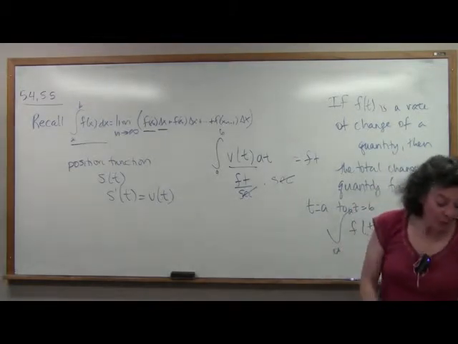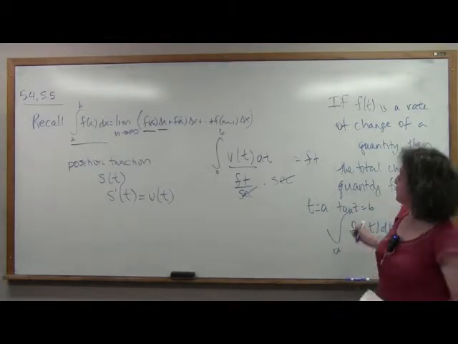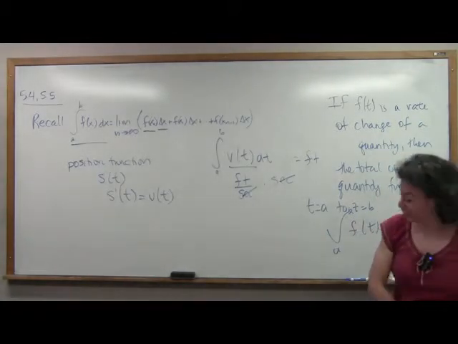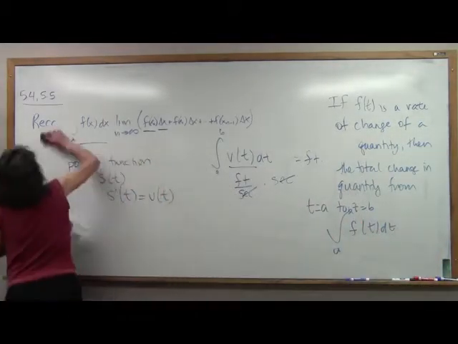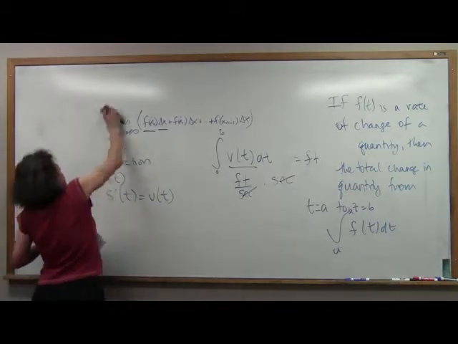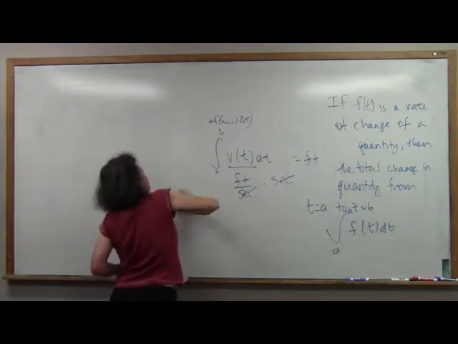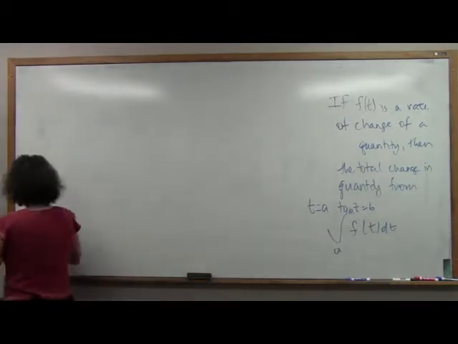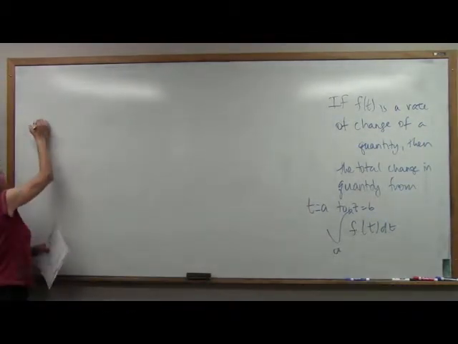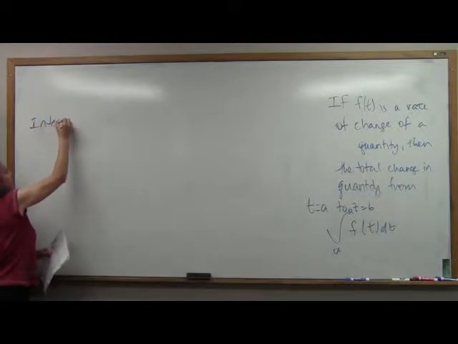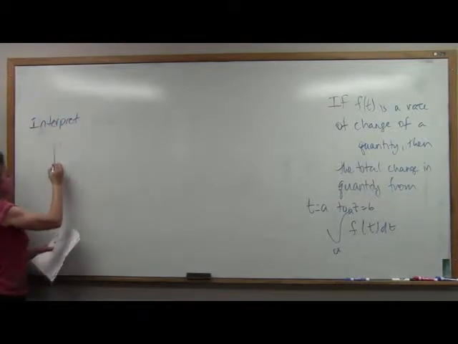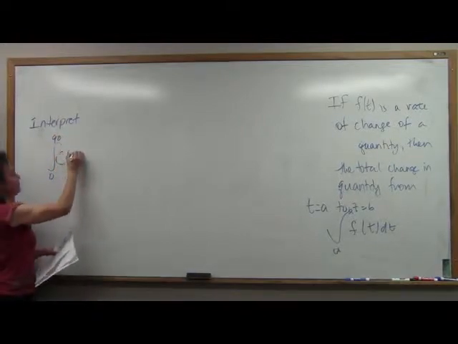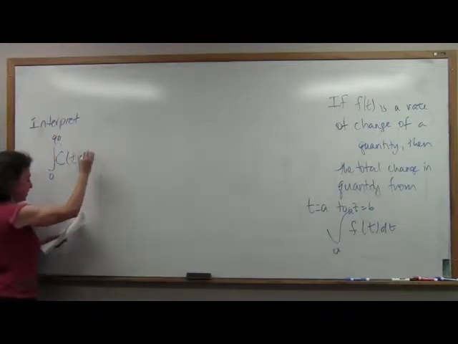Alrighty, so what I want to do now is play with some examples so you guys can actually see this put into motion here. Okay? Alright, so for example, what if I want us to interpret the definite integral from 0 to 90 of capital C of t dt.